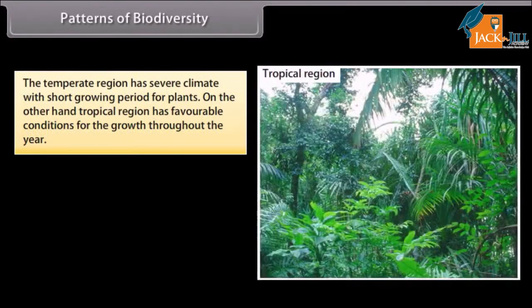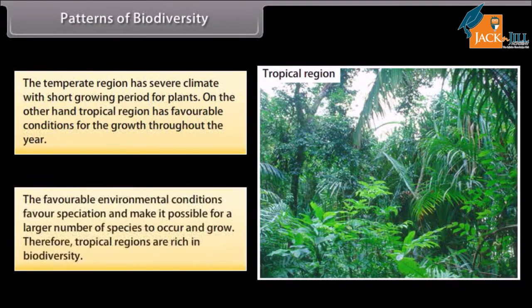On the other hand, tropical region has favorable conditions for growth throughout the year. The favorable environmental conditions favor speciation and make it possible for a larger number of species to occur and grow. Therefore, tropical regions are rich in biodiversity.